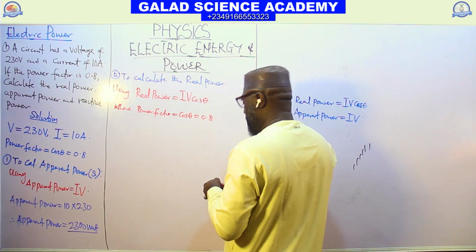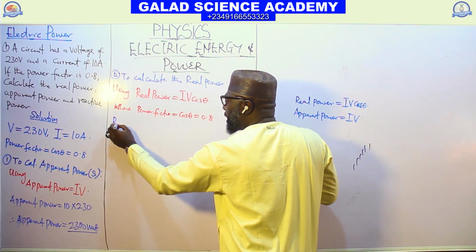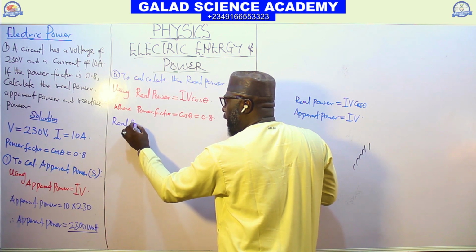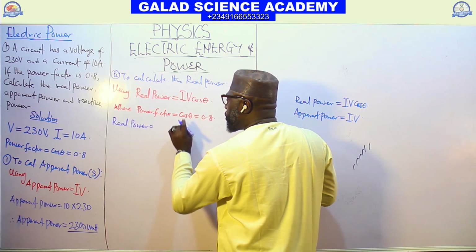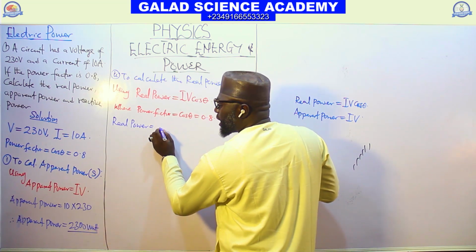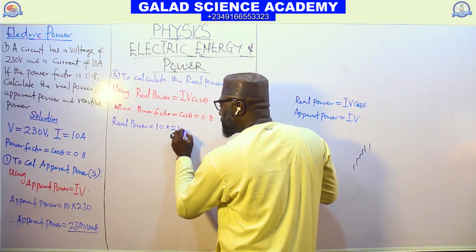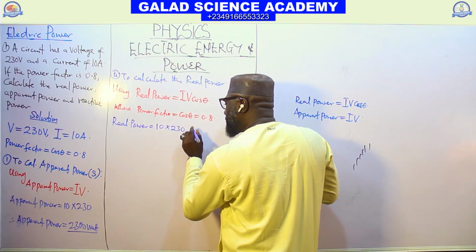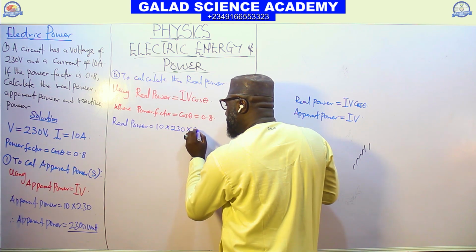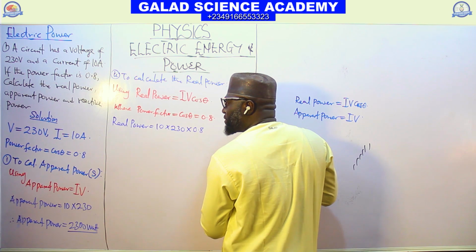Therefore, real power will be equal to IV given. We get IV is 10 multiplied by 230. Cos theta is 0.8, the power factor we have there.